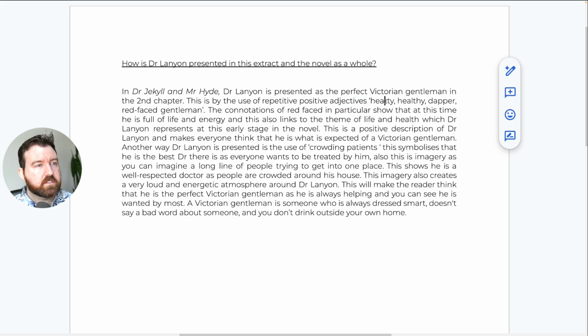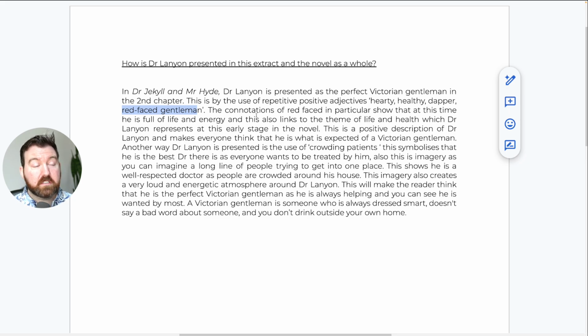The connotations of red-faced in particular show that at this time, he is full of life and energy, and this also links to the theme of life and health, which Dr. Lanyon represents at this early stage in the novel.